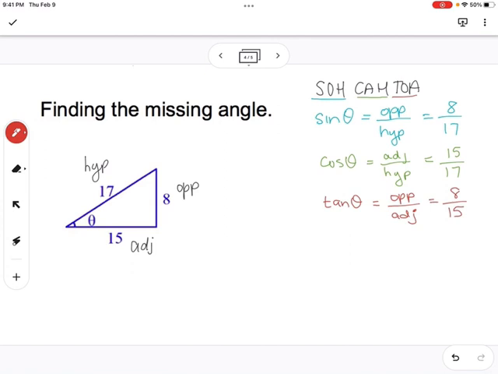Now, in order for us to find the missing angle, we have our ratios set up, but we actually need to get theta by itself. So if we look at sine theta equals 8 over 17, to get theta by itself, we need to move sine to the other side.